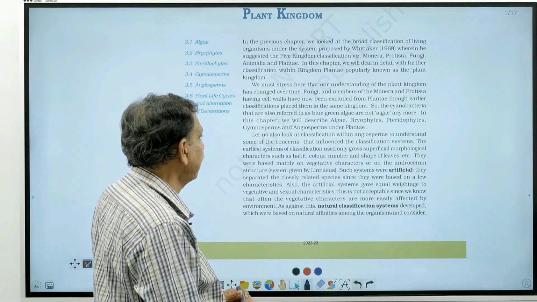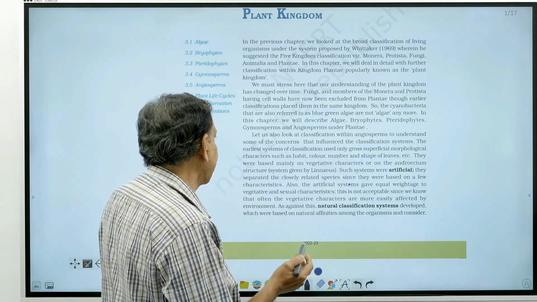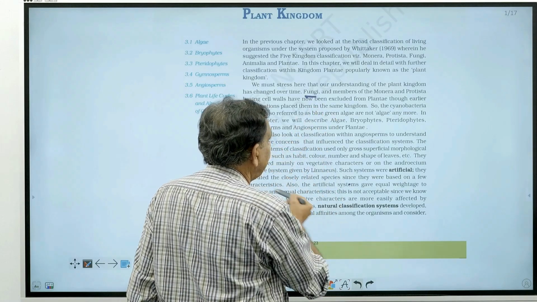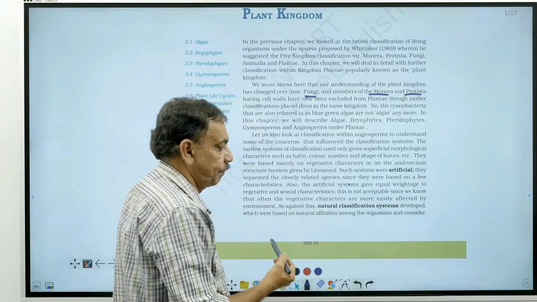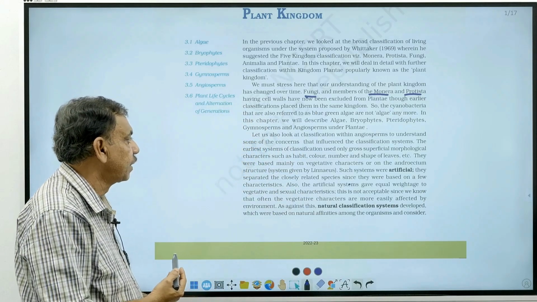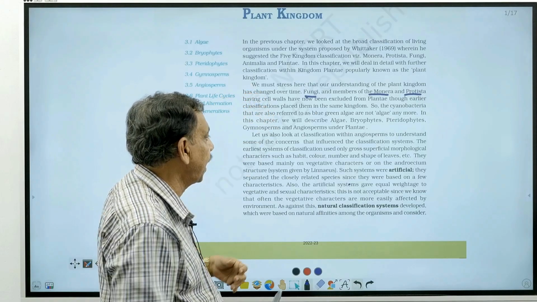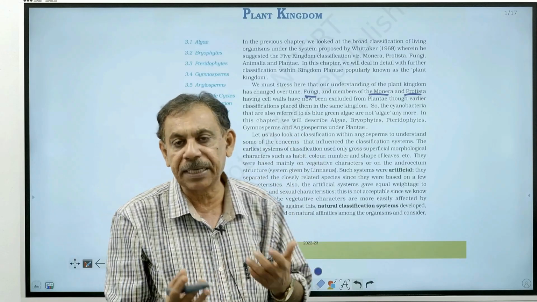We are coming now to the kingdom Plantae. Previously, this kingdom included members of fungi, members of Monera, and even members of Protista. This was based on having a cell wall. All organisms with a cell wall were brought under kingdom Plantae.